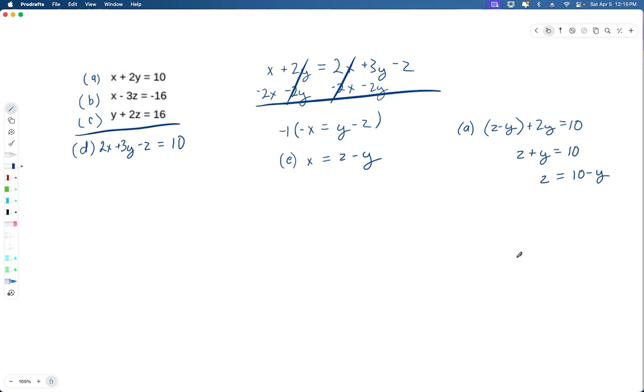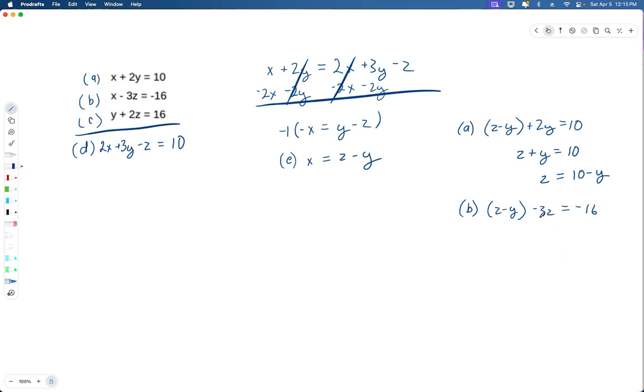I can also use B, and I can create x minus 3z. So that's going to be z minus y minus 3z is equal to negative 16.